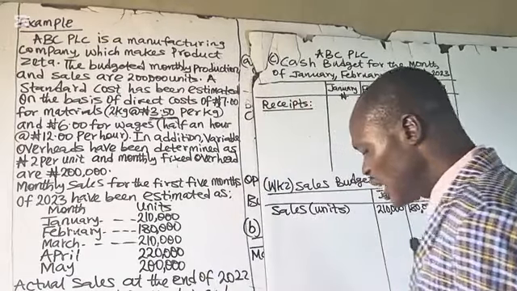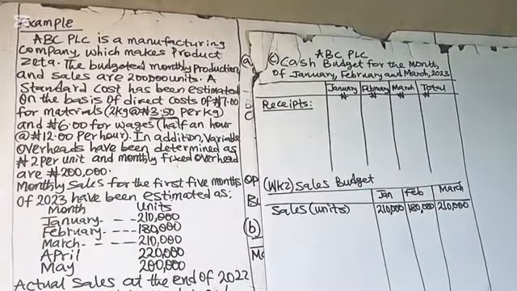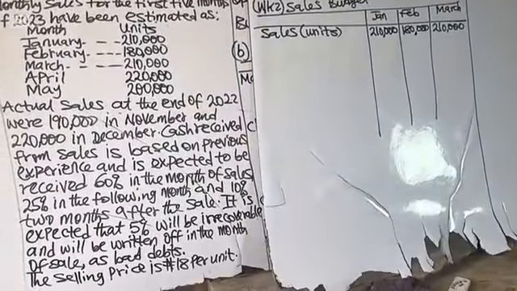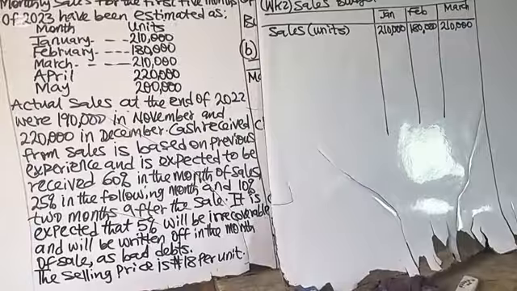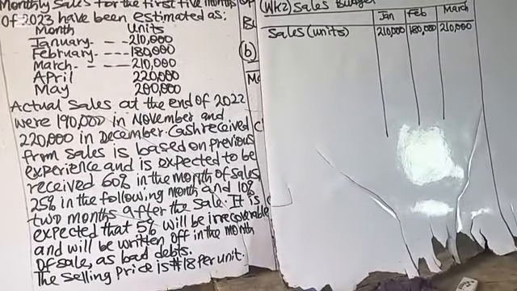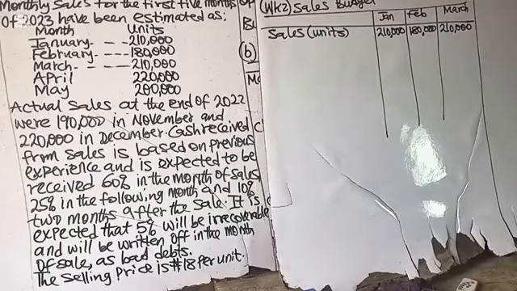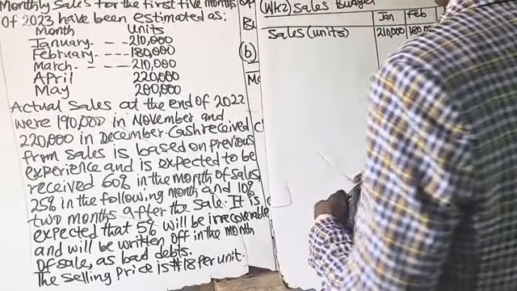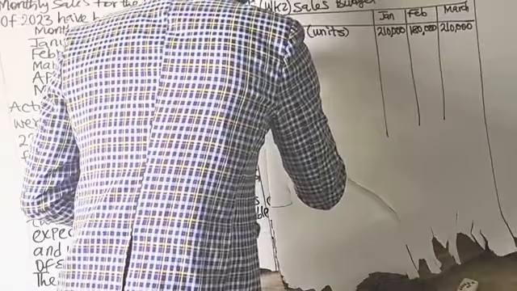And the selling price is provided in the question. The selling price is the amount at which each of the units of the items sold were sold. So the selling price is ₦18 per unit.